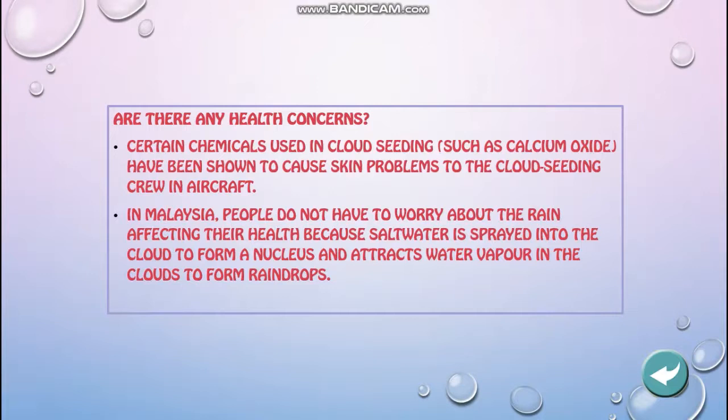If they use the worldwide method, they usually use a chemical called silver iodide that can cause harm to humans. But in Malaysia, they use salt water to do the cloud seeding, so people do not have to worry about rain affecting their health, because salt water is sprayed into the cloud to form a nucleus and attract water vapor in the clouds to form raindrops.